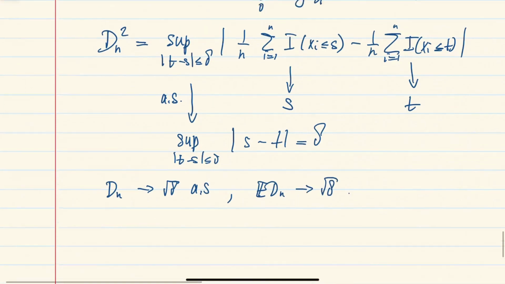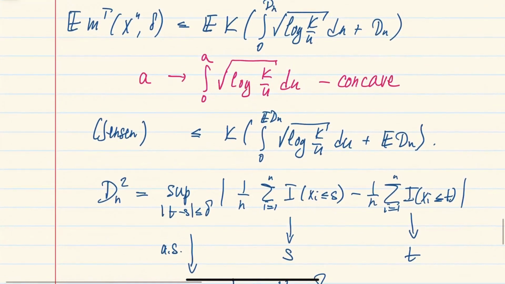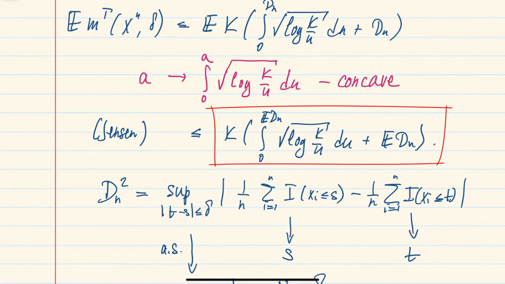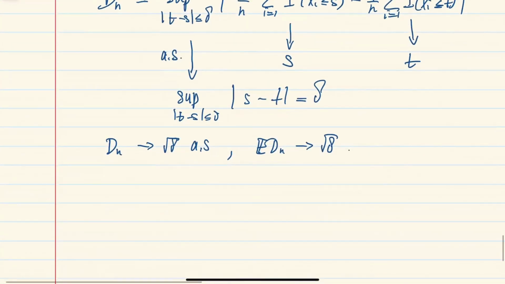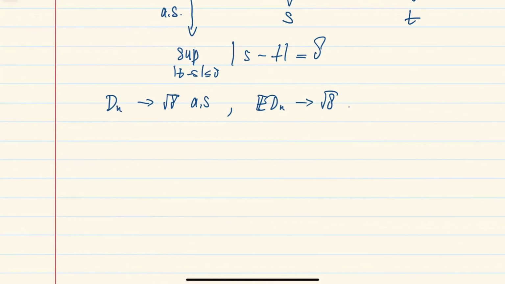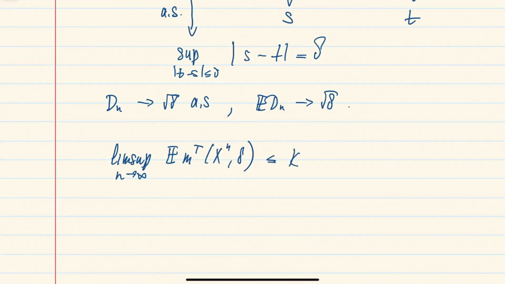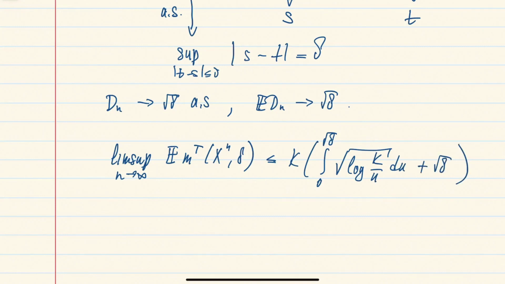And so if we go back to the above bound, when we take the limit as n goes to infinity, we get that the lim sup as n goes to infinity of the expectation of the modulus of continuity will be bounded by some constant times the integral from 0 to the square root of delta, plus the square root of delta.